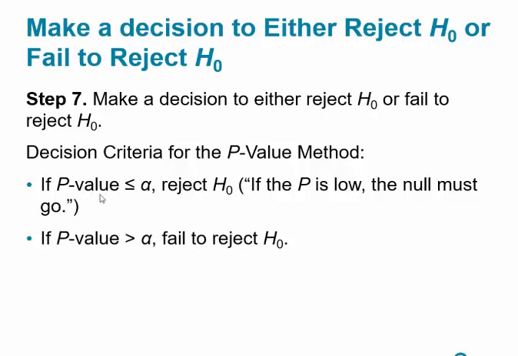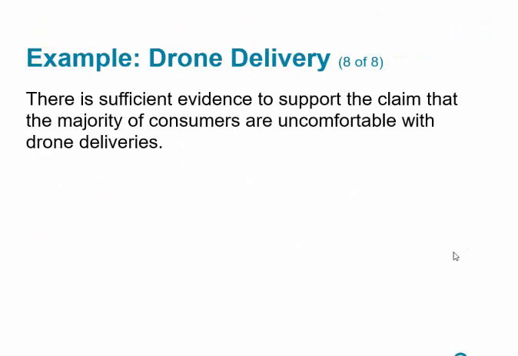If the test statistic is in the gray area, so if it's a right tail test and it's greater than the critical value, then we reject the null hypothesis. If the test statistic is in the non-rejection region, or it's less than the critical value, we do not reject the null hypothesis. So there is sufficient evidence in this case to support the claim that the majority of consumers are uncomfortable with drone deliveries.